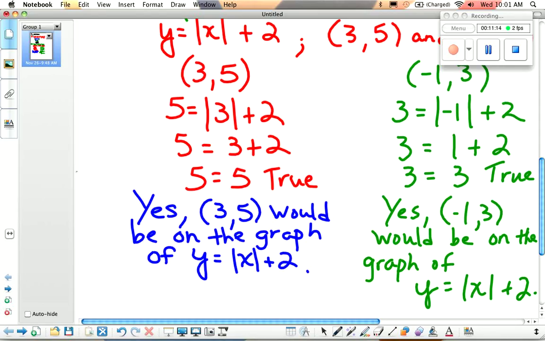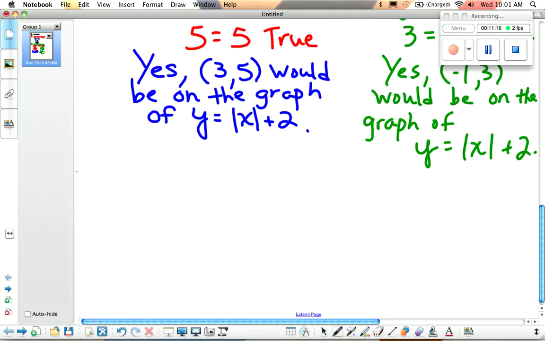Okay, let's do one more, and then you can get to work on your homework. Let's do number 49. For number 49, the directions say, for each function, find 3 ordered pairs that lie on the graph of the function. So we're going to find 3 ordered pairs.